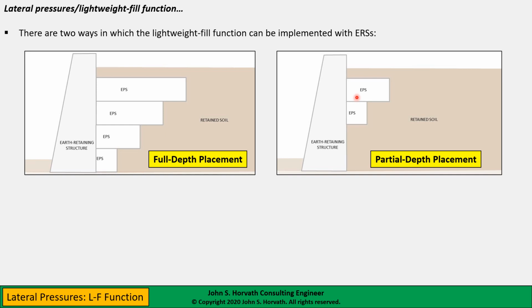I've seen cases where people have done a partial depth placement where the EPS blocks were down here at the bottom of the wall, and then you had a rather substantial thickness of soil on top of it, and there was a serviceability failure of the foam. The foam was overstressed. This happened to be a state highway project, that shall remain anonymous, where there were settlement problems, all sorts of litigation, et cetera, et cetera.